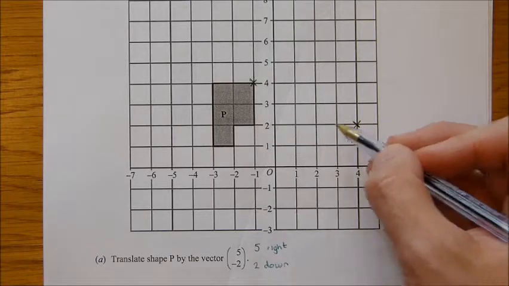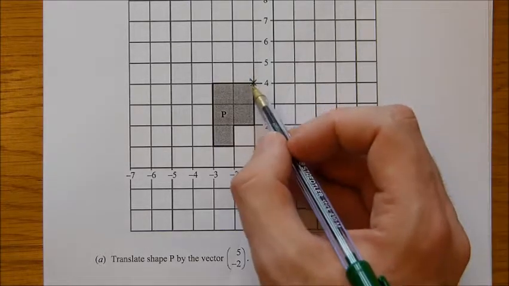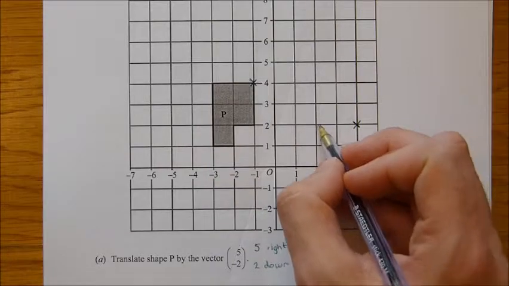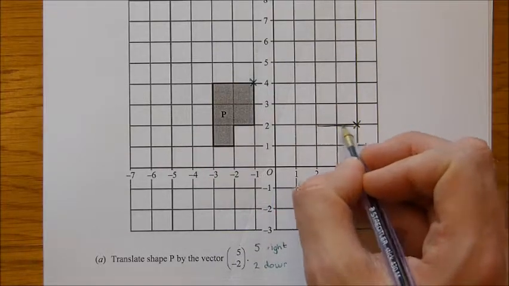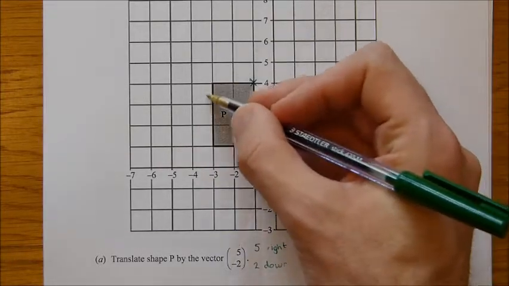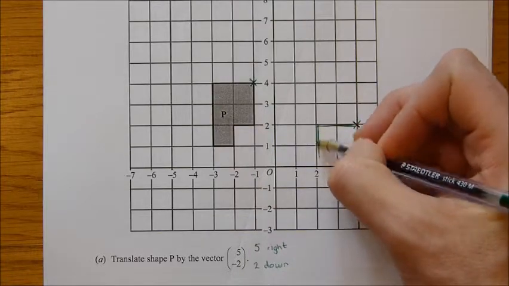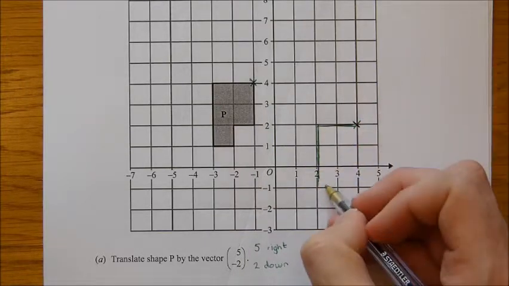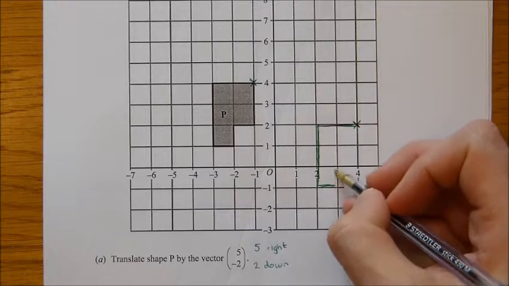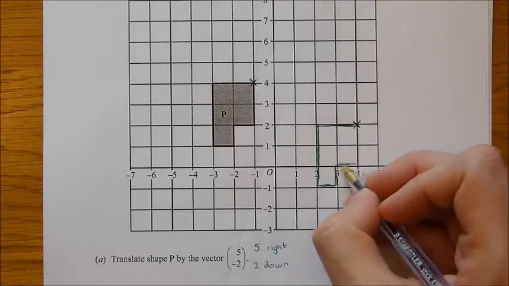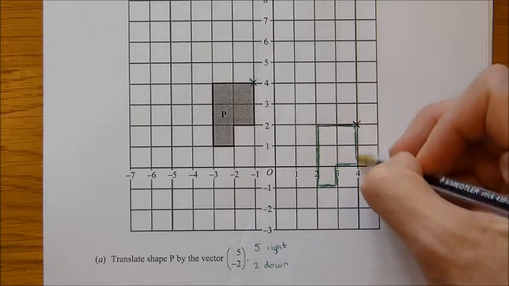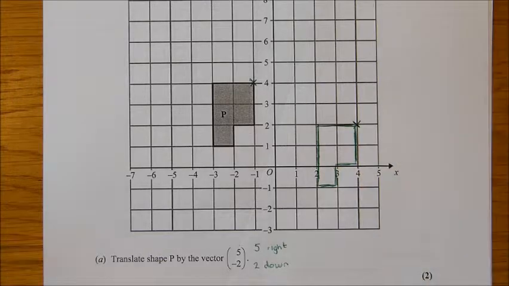Now all I need to do is to draw in the rest of that shape. So just follow it round, that's 2 there. And then it comes 3 down. And along here, back up 1, across 1. And there we are.